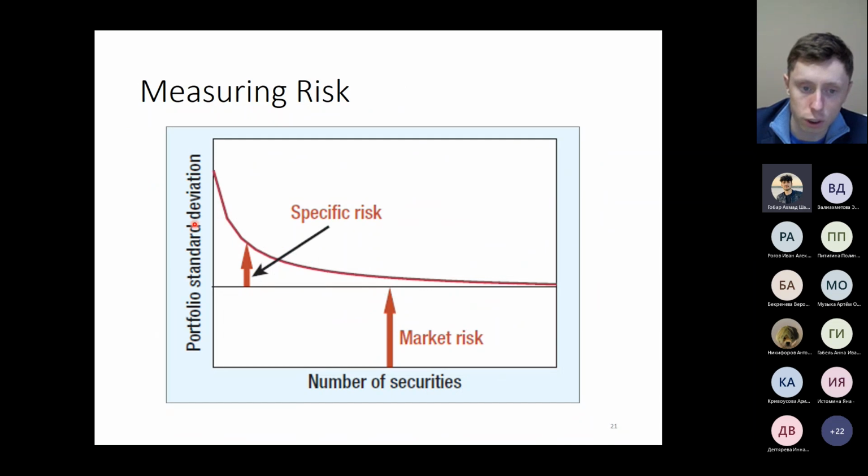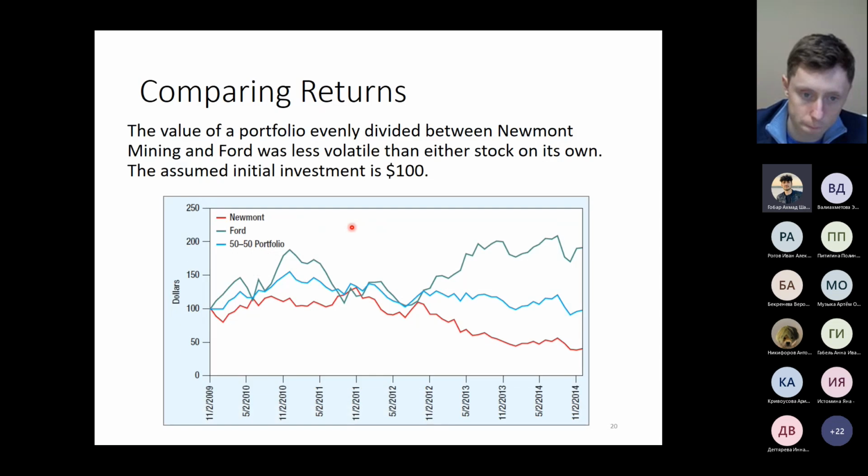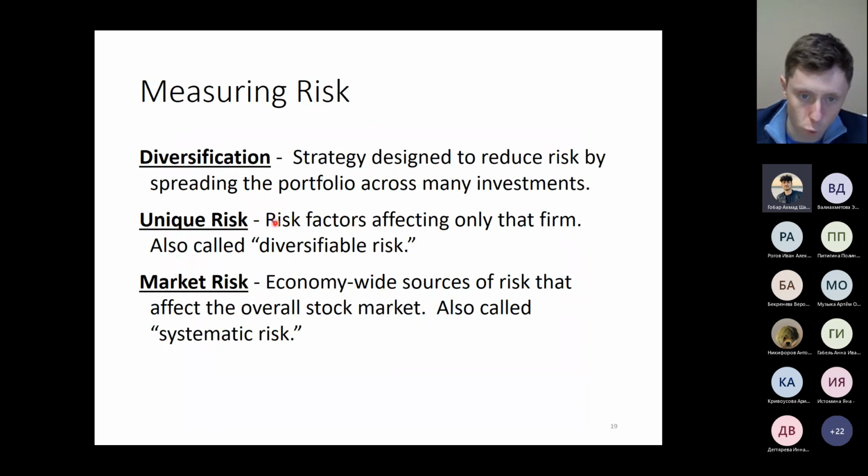If we can get rid of the risk by having more assets in the portfolio, this fraction of the total risk is called the specific risk or unique risk.